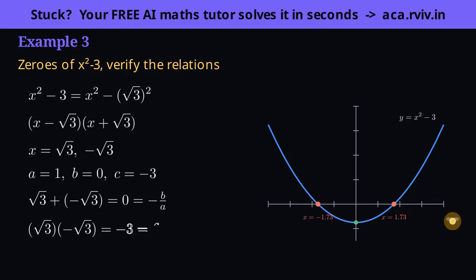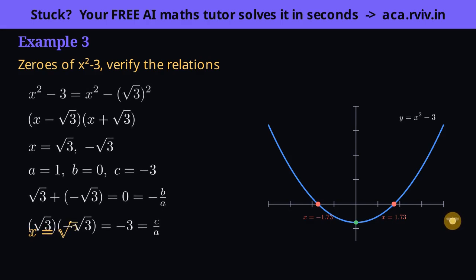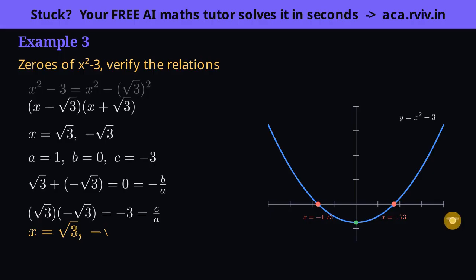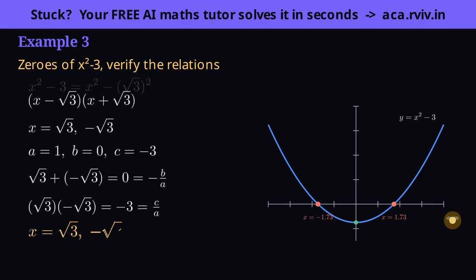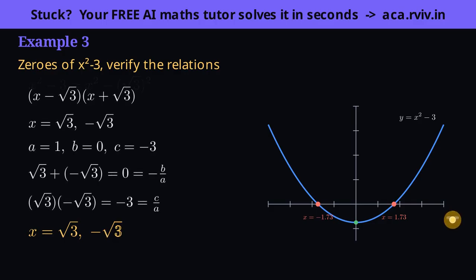Both relations hold, exactly as the derivation promised. Takeaway: whenever the middle term is missing, the zeros come out equal and opposite, and that's not a coincidence. Sum equals minus b over a, and with b 0 the sum must be 0, which forces the two zeros to be exact mirror images.